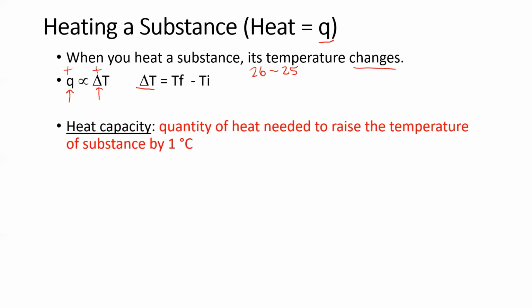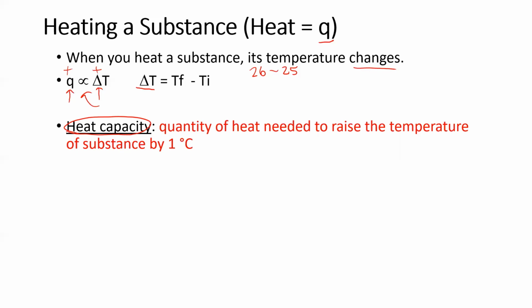But how do I make this direct proportionality an equation that's useful, into something that's equal? I need what's referred to as a proportionality constant. So what's the proportionality constant? Heat capacity. Heat capacity is the amount of heat needed to raise the temperature of some substance or tool or item by 1 degree Celsius.